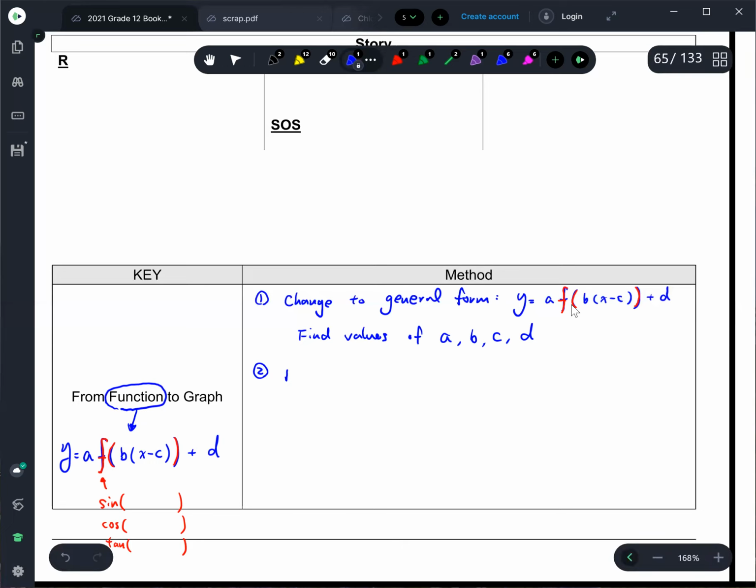Once you have that, then you start to get the reflection.